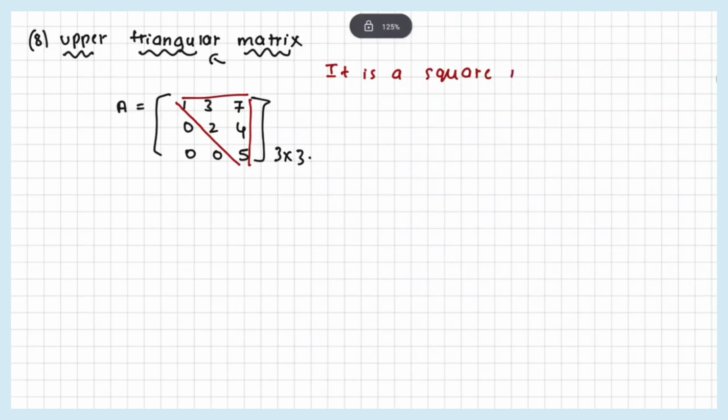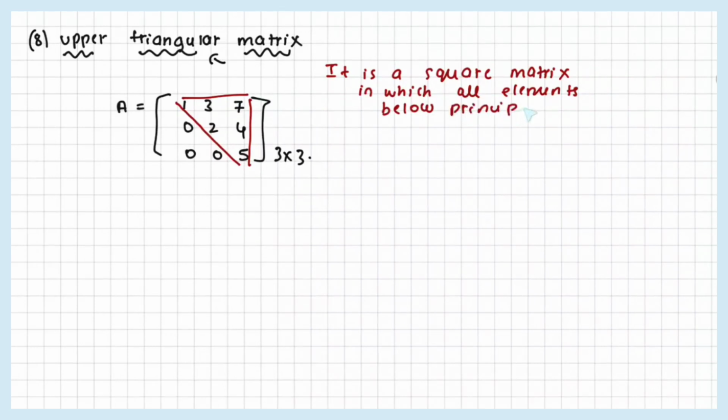So the square matrix in which all the elements below the principal diagonal must be 0.